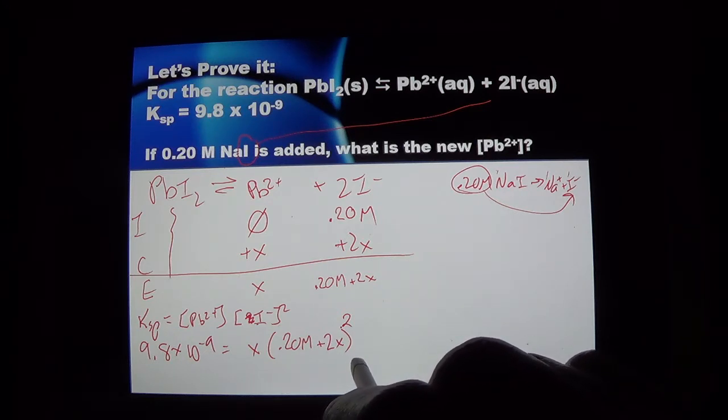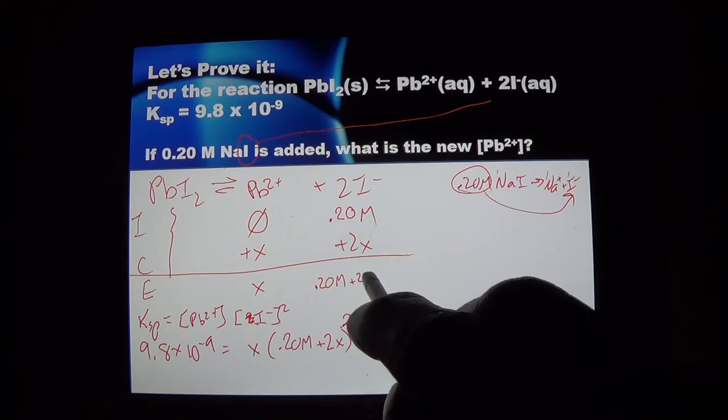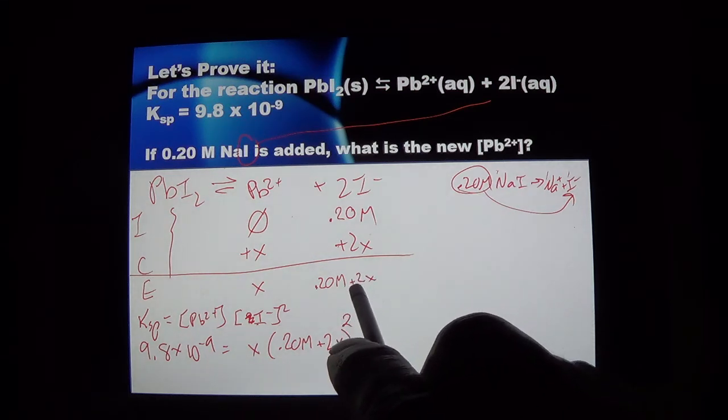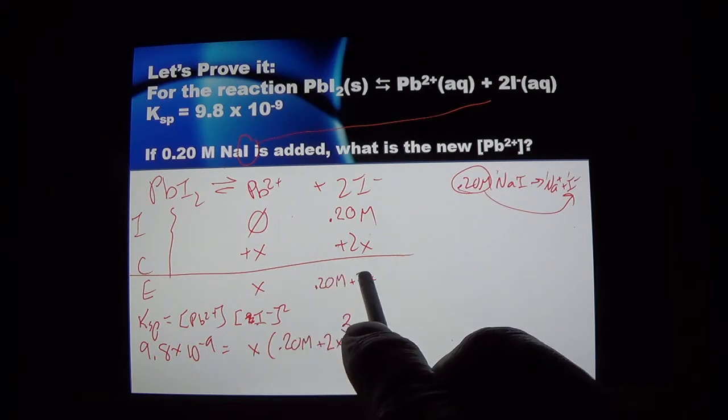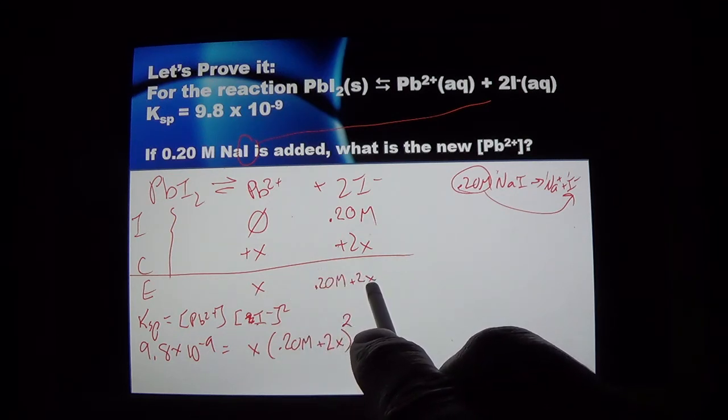Let's not go there. Remember what we did back in general equilibrium that allowed us to make the algebra easier? My claim is very little lead in the first place is ever going to ionize, which should mean very little iodide in the first place would ever ionize.